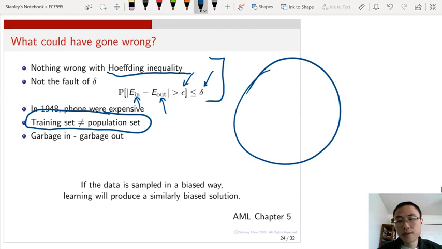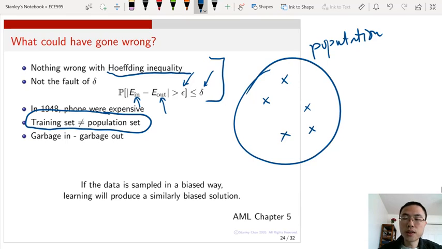So imagine that this is your population set, and then you're going to test your machine learning algorithm on this population. Now, what you really want is that your training set is a good representative of your population set. So in other words, you're uniformly sampling from the population set to generate your training data set.